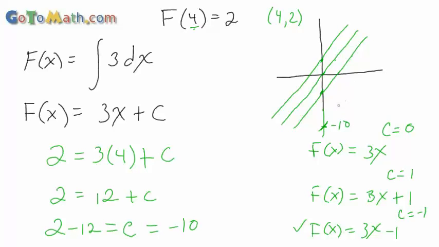Alright, okay, so let's go back. Actually, let me go ahead and rewrite this. So what we're actually looking for here is the F of x: 3x minus 10. So that's the one you want to graph.